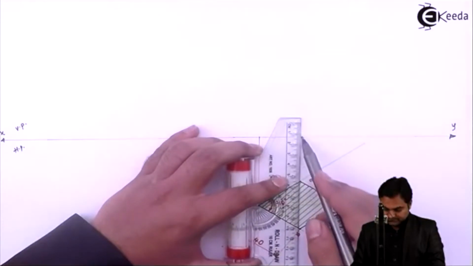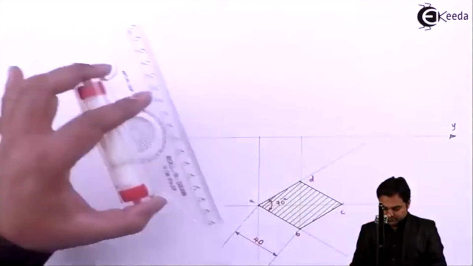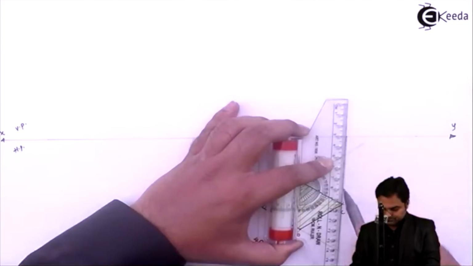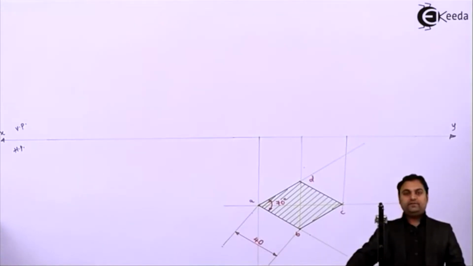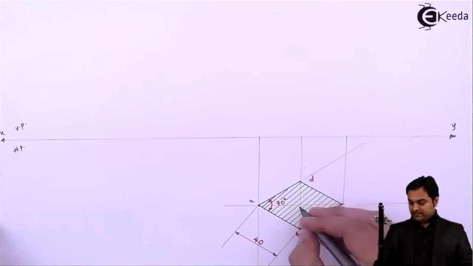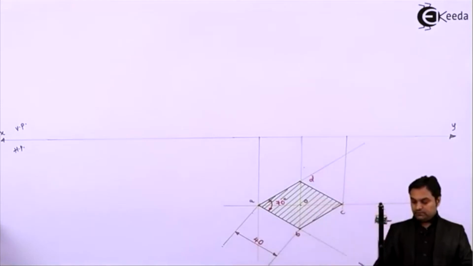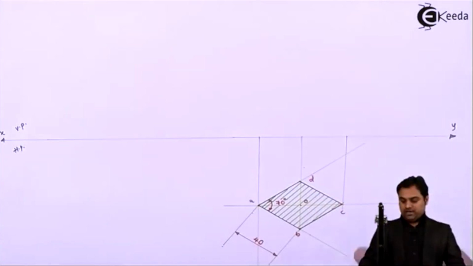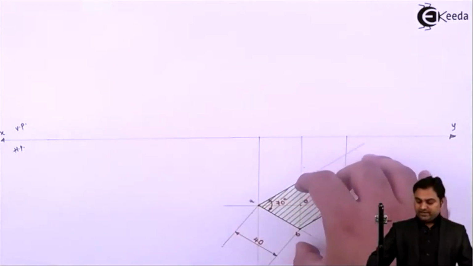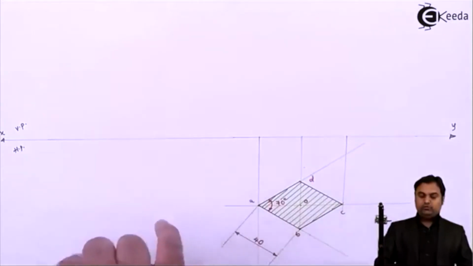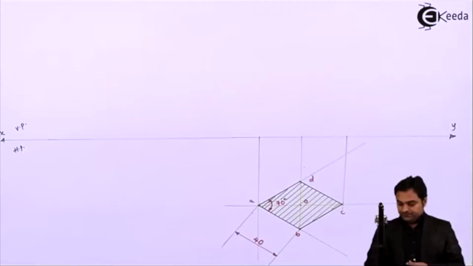Joining B and D with a right line. Now, where the diagonals intersect, I'll say this point O. And now, after getting this point O, BD will be the height of the diagonal which I am going to take for the top view of the square prism.